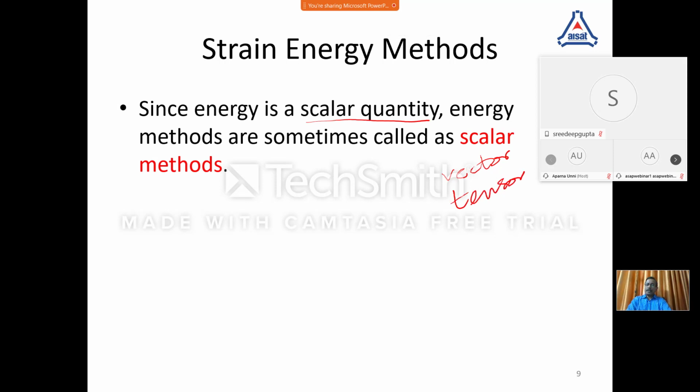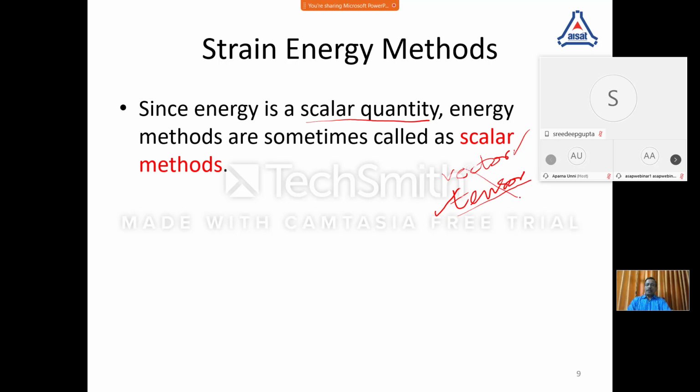When you are using vectors in certain calculations, you know the complications involved. And if you are using tensors, for certain people tensors will be easy because some matrices are used and it is easy for computation. But for an average student, tensor will be a difficult one.